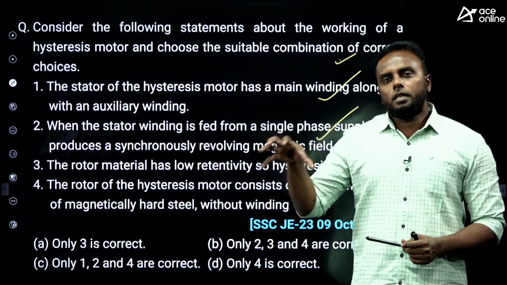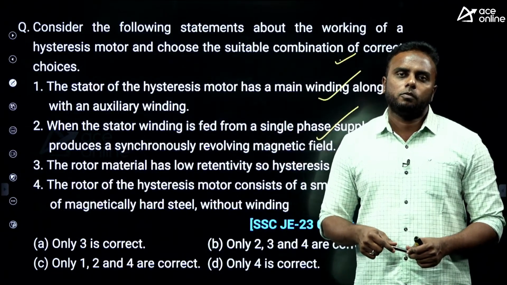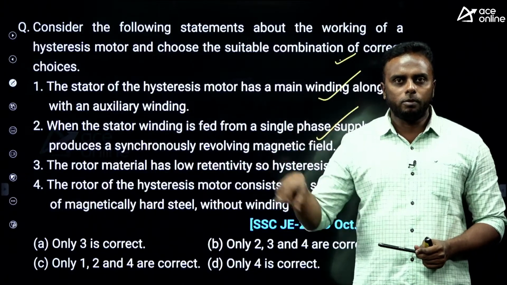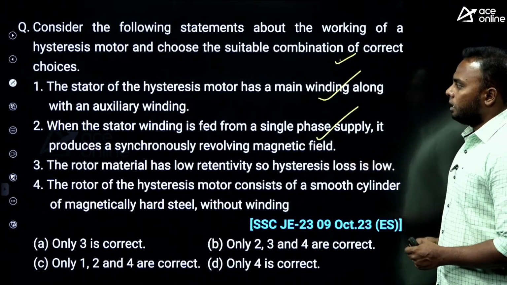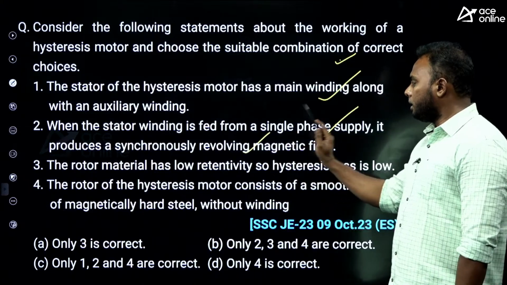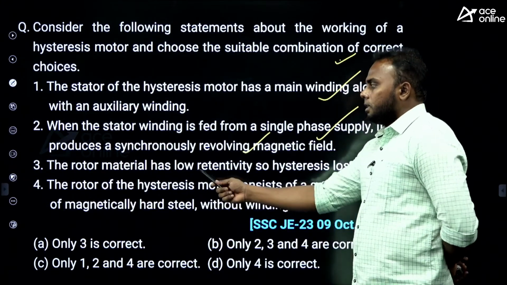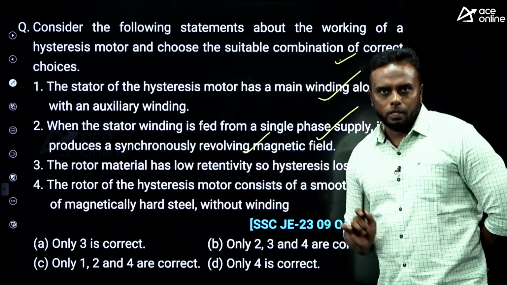But by placing an auxiliary winding, we reduce the backward field. Then only one field will be there, which rotates at synchronous speed. So this is correct: when the stator is fed from single phase supply, it produces a synchronously revolving magnetic field.